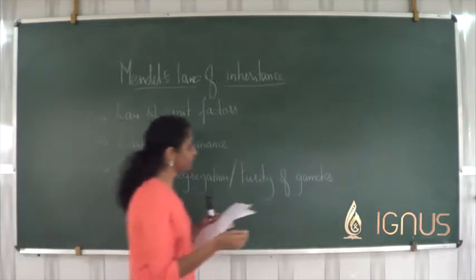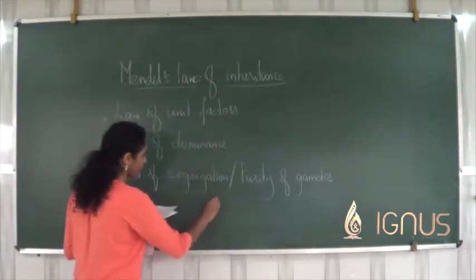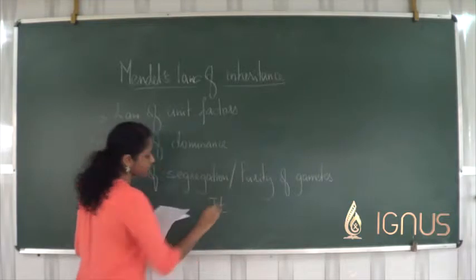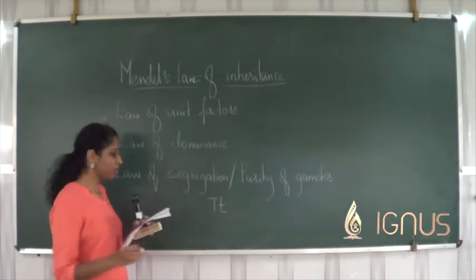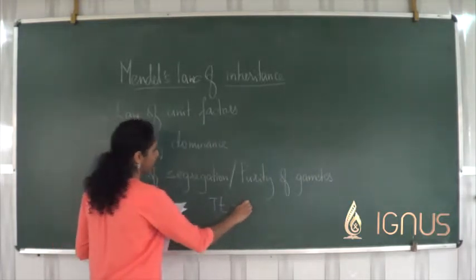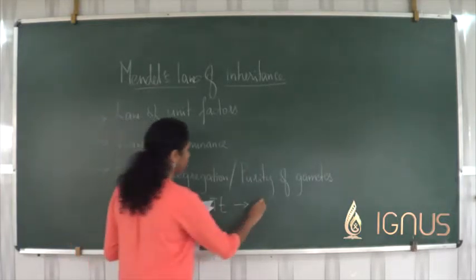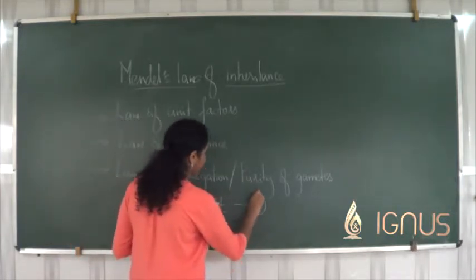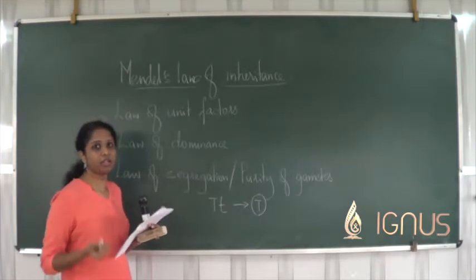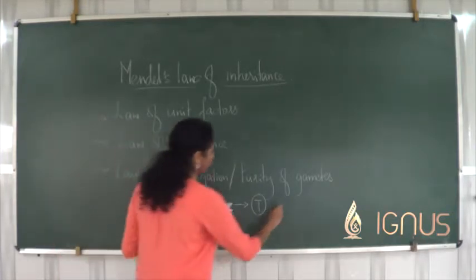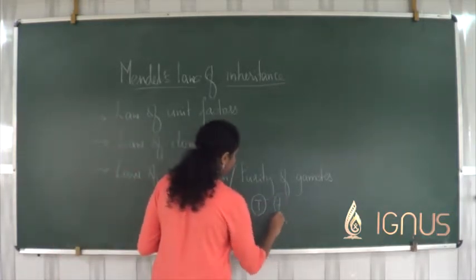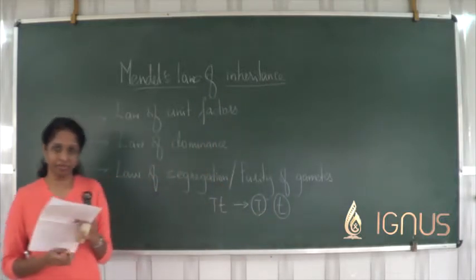So when you have a heterozygous tall plant which has a genotype capital T and small t, and this plant is going for gamete formation, you will have a separated gamete with the allele for tallness, and a separated gamete with the allele for dwarfness.